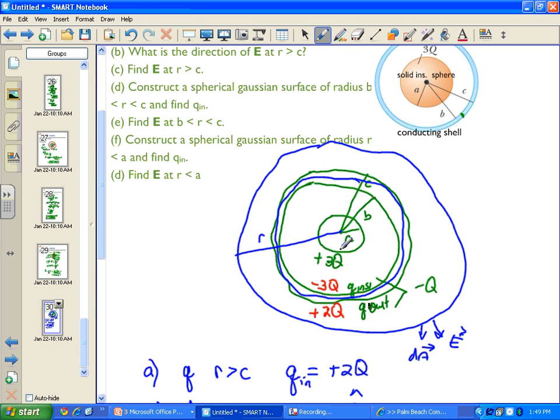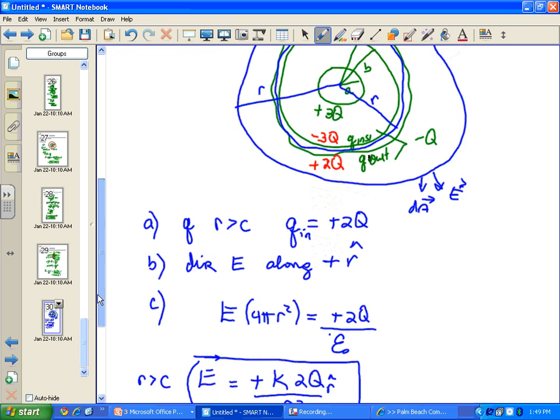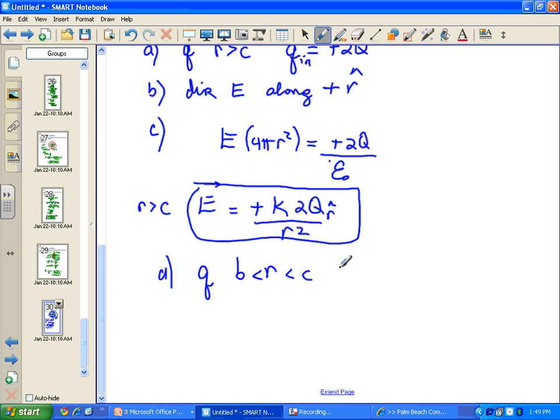Now, of course, we know we cannot have any charge inside, since, after all, this is a conductor. But look what this tells us: if we confine ourselves to what is inside this blue line, which is our Gaussian surface, there's the radius r, plus 3q minus 3q, which gives us a Q inside of 0.